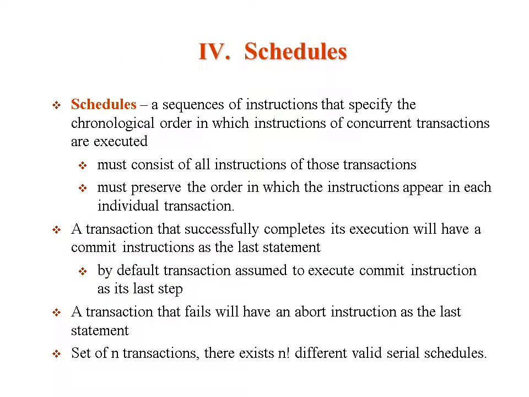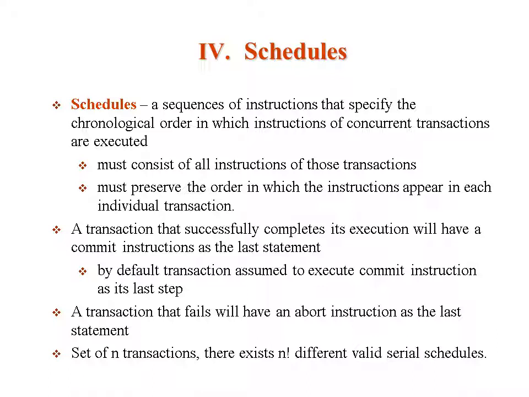Next are the schedules. Schedules, as defined here, are sequences of instructions that specify the chronological order in which instructions of concurrent transactions are executed. It's nothing but a sequence of instructions which are going to be executed in different transactions.